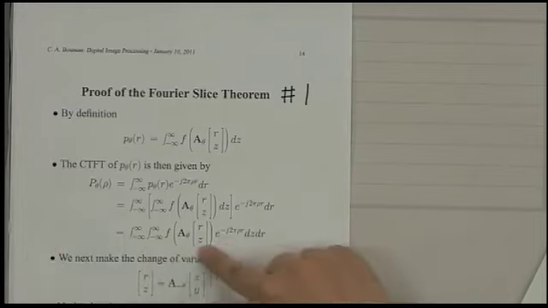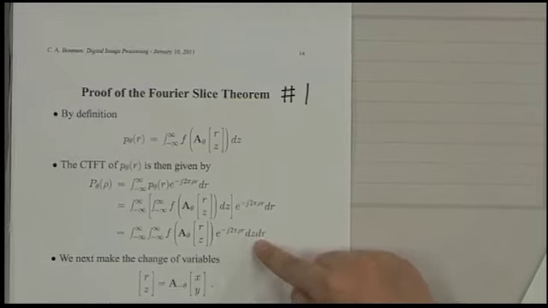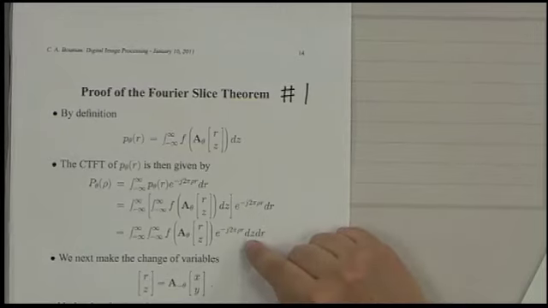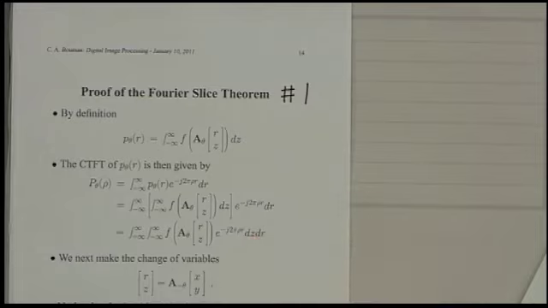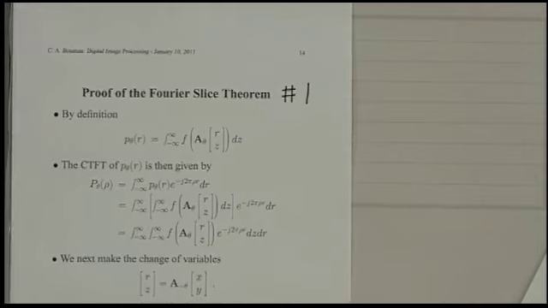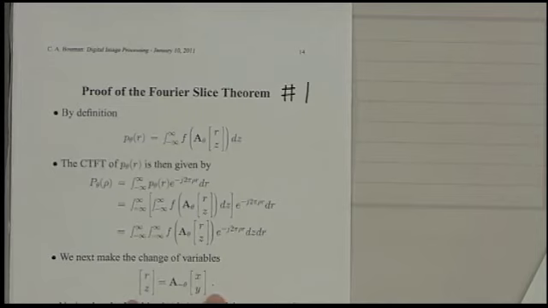And then from this line, what we want to do is change the variable from ZR to XY for the proof. So we use the relationship equation between XY and RZ.